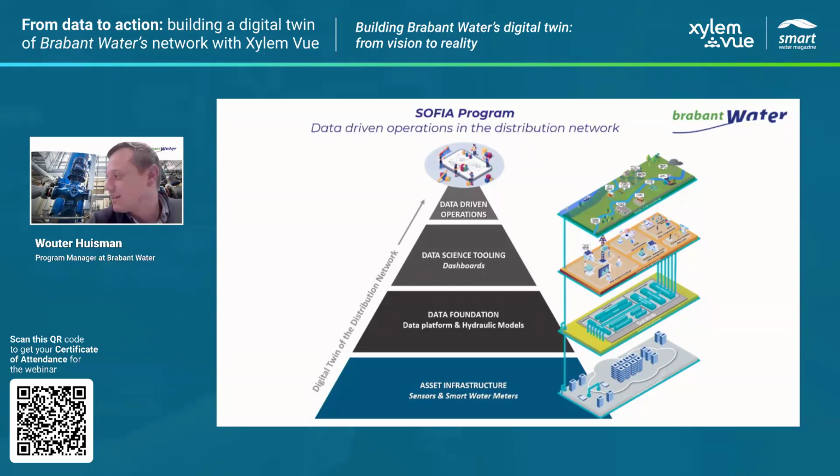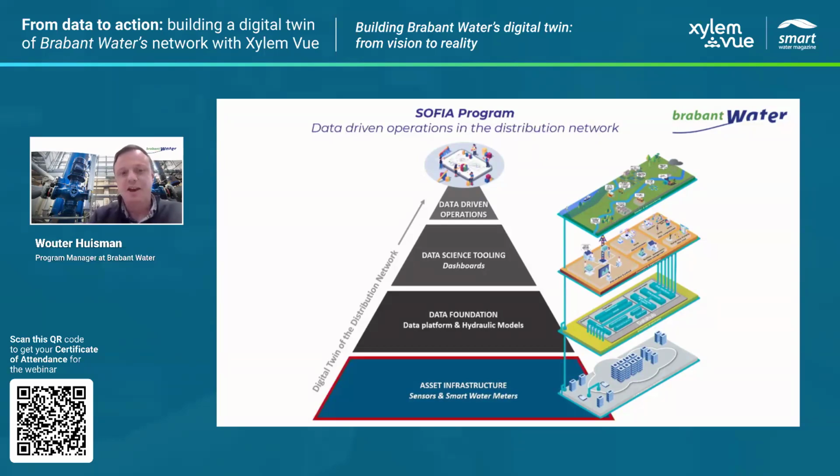So becoming from reactive to be more proactive and already see if there are any malfunctions in the network, instead of customers calling us to tell us that there is something wrong and that there is a leak, for instance, in the network.